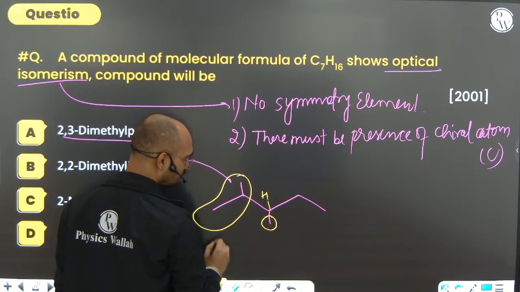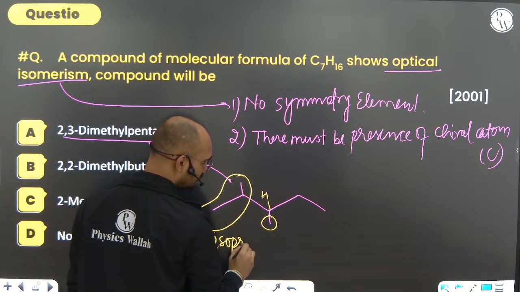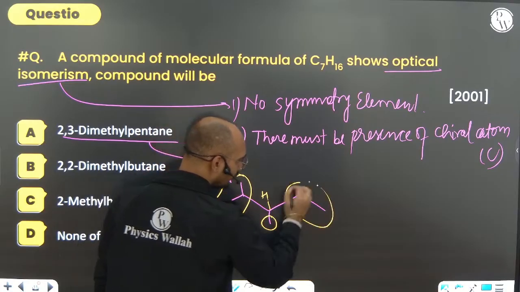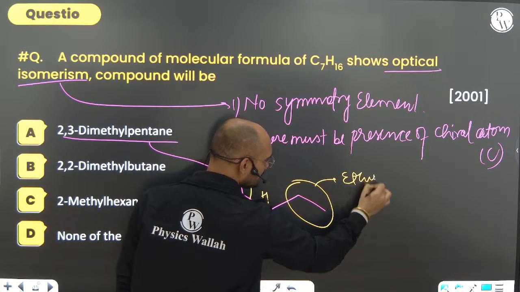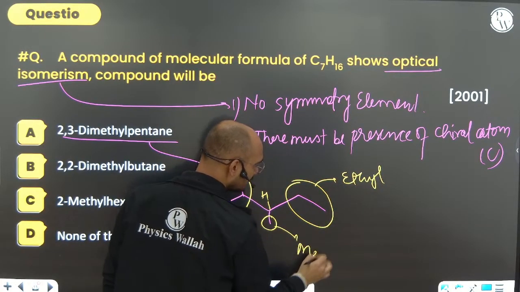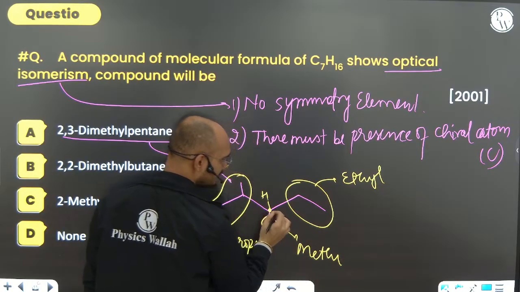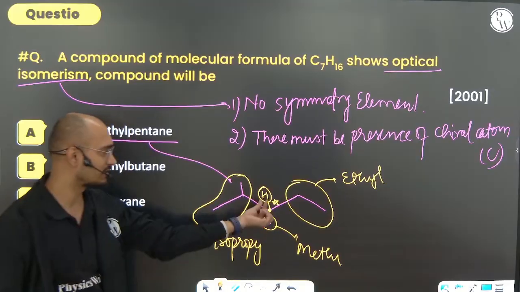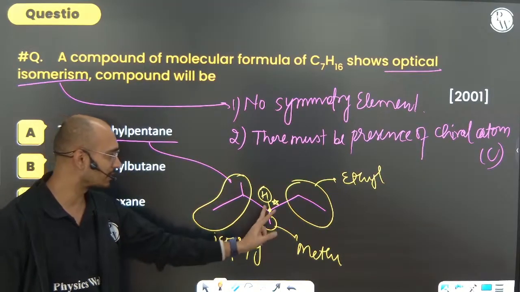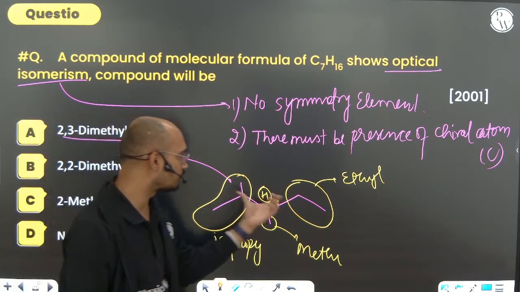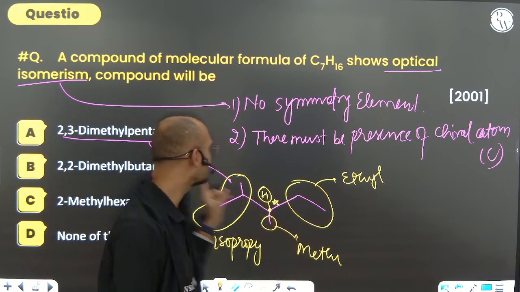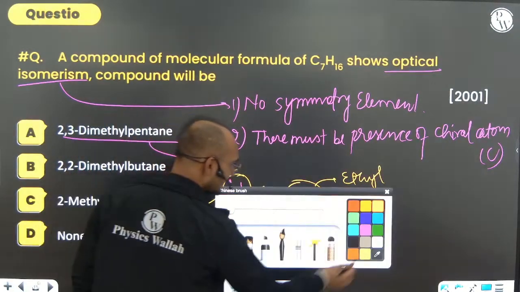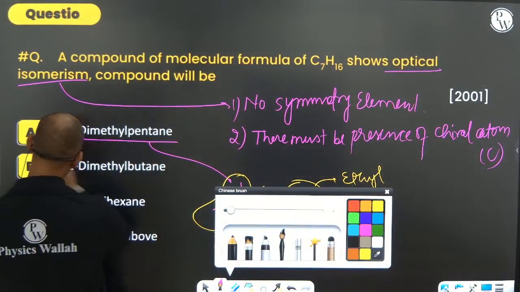Can you see it is what? Isopropyl. Can you see what is that? It is ethyl. It is what? Methyl. So can you see that this carbon is having one hydrogen, one methyl, one ethyl, one isopropyl. So this carbon is having what? It is having one chiral carbon, and there is no symmetry. So we can say that this is going to be optically active. This is going to be optically active.